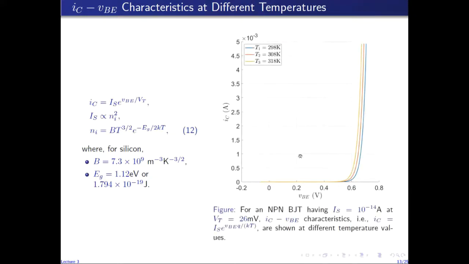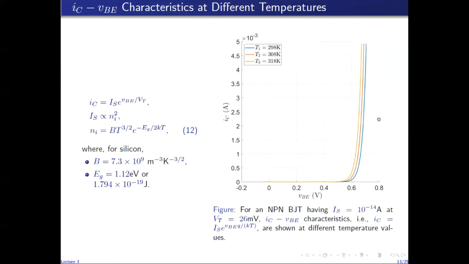In this diagram, I show the IC-VBE characteristics at different temperatures. This blue curve shows the characteristics at 298 Kelvin, the red curve shows the characteristics at 308 Kelvin, and this yellowish orange curve shows the characteristics at 318 Kelvin, for a transistor having the scale current equal to 10 to the minus 14 amperes at VT 26 millivolts.